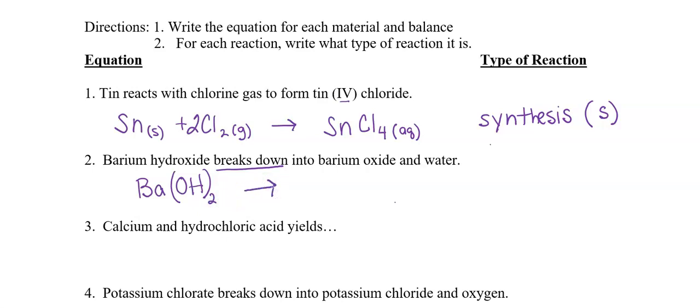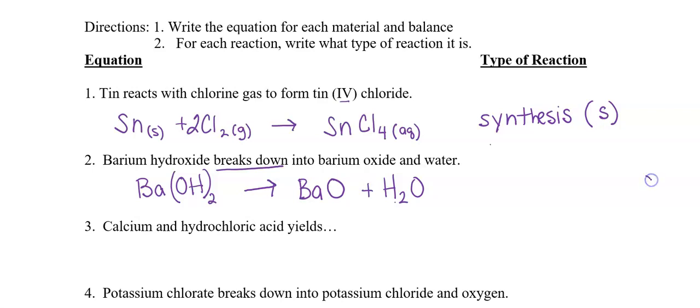It breaks down. So we have a large molecule breaking down into barium oxide. So when you write barium oxide, you have a +2, so barium oxide and water.